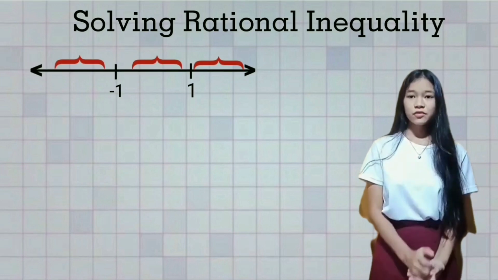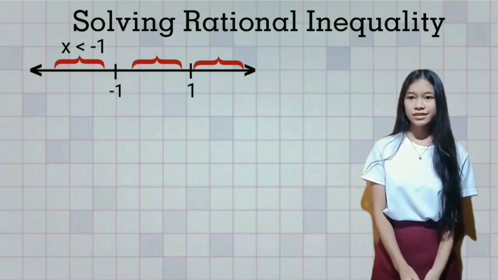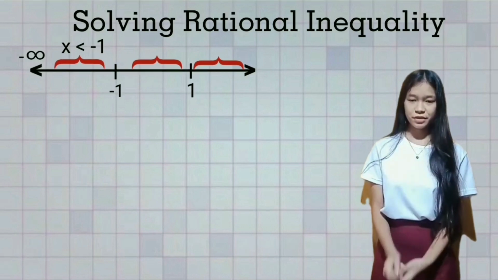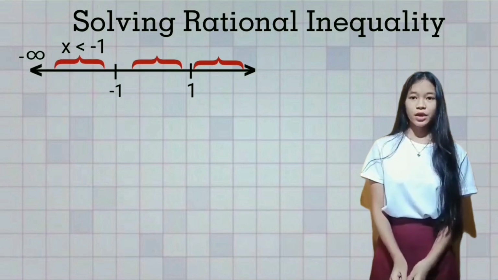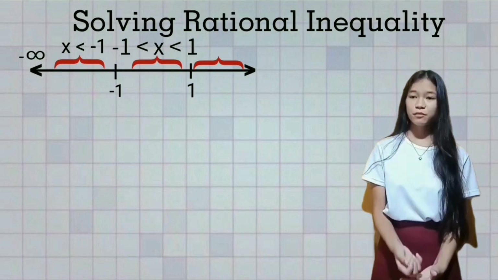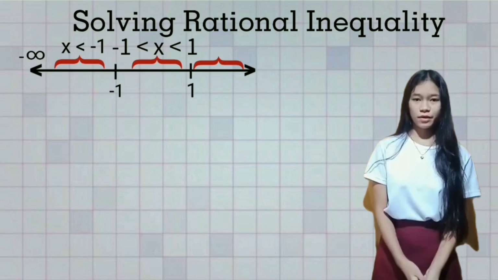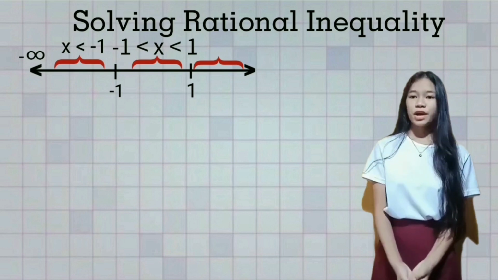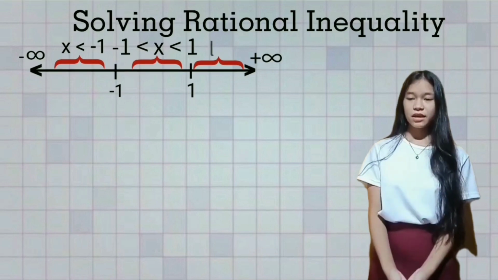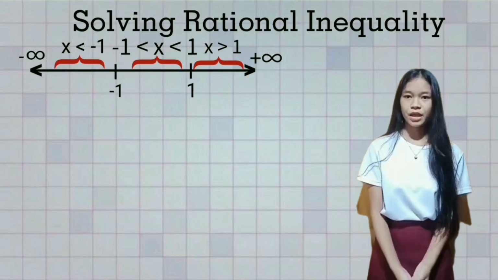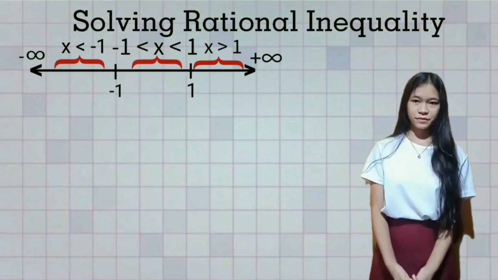In our first interval, x is less than negative 1, so there's a negative infinity. In our second interval, x is greater than negative 1 but less than 1. In our third interval, we have positive infinity and x is greater than 1.